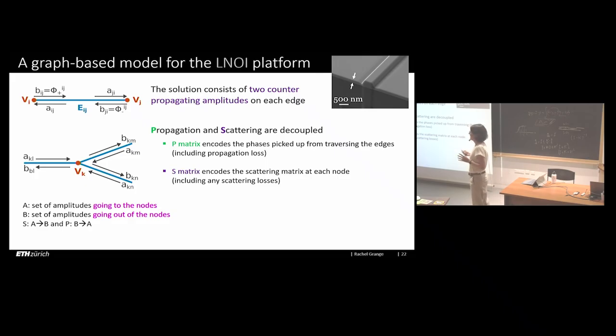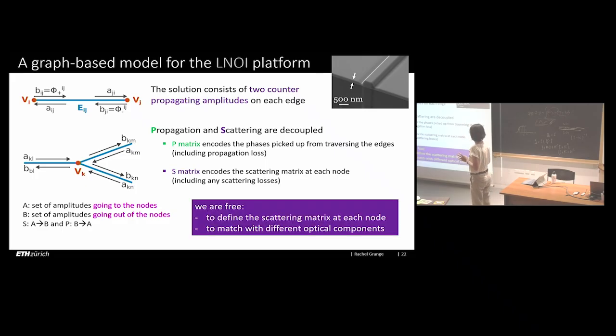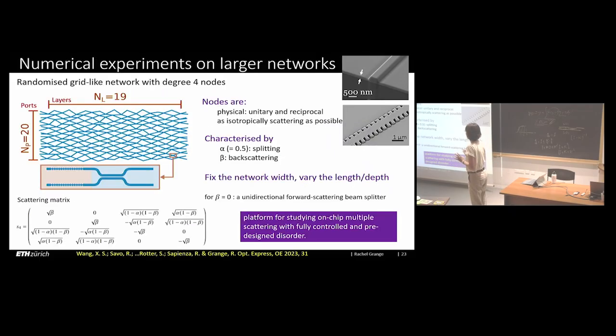Though fabricating this is not quite easy, because we want this scattering matrix at each node to match different optical components. So the fabrication was a bit tough. First of all, we did not do fabrication. We just tried to do our numerical experiment on a larger network to see if it was even worth trying to mimic our system with this kind of network.